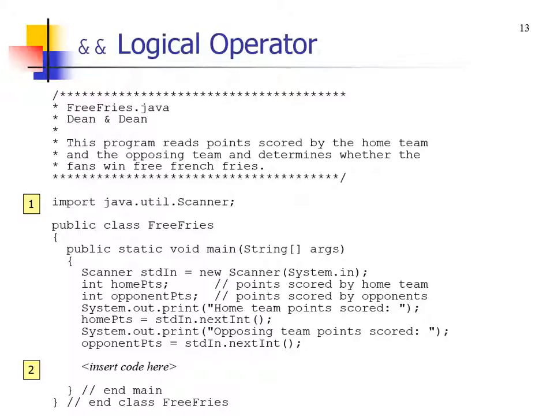So what would we write here? It read in the home team points. So if home points is greater than or equal to 100, then print the statement, right? That's simple.